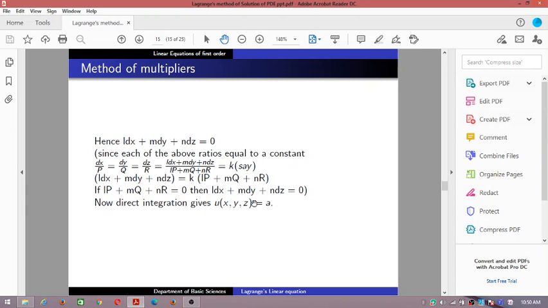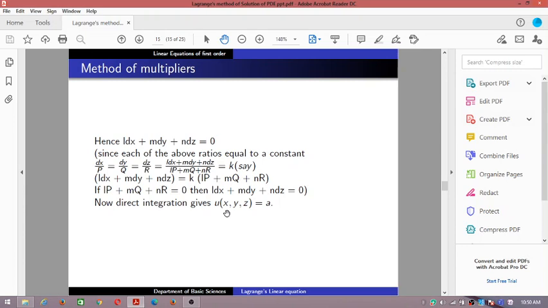Now, if we get this expression, we can directly integrate it: integrating L with respect to x, integrating M with respect to y and integrating N with respect to z, and the integral of 0 is going to be a constant.